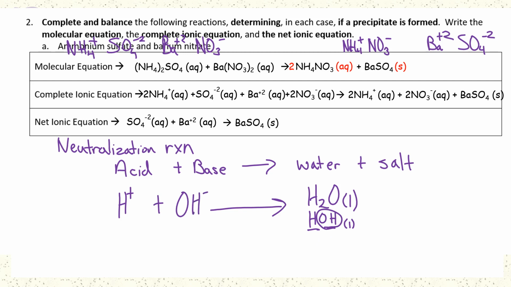So again, the reason why I write it as HOH is so you recognize you get a hydrogen from the acid, you get a hydroxide from the base. All right, so the net ionic of an acid-base reaction is always hydrogen ion plus a hydroxide ion reacting to form water, H2O. Water is a liquid, so it's not aqueous. It is aqueous on this side because it's ions on this side.